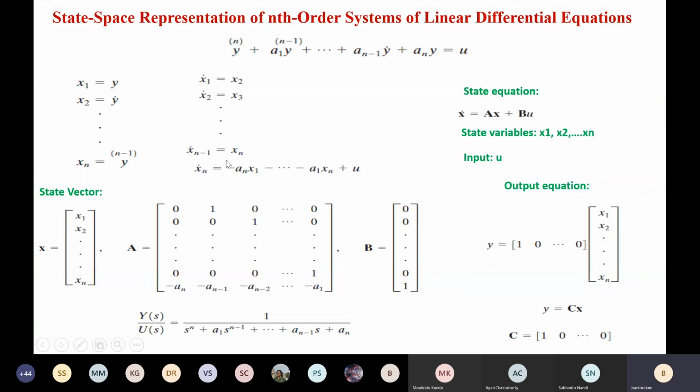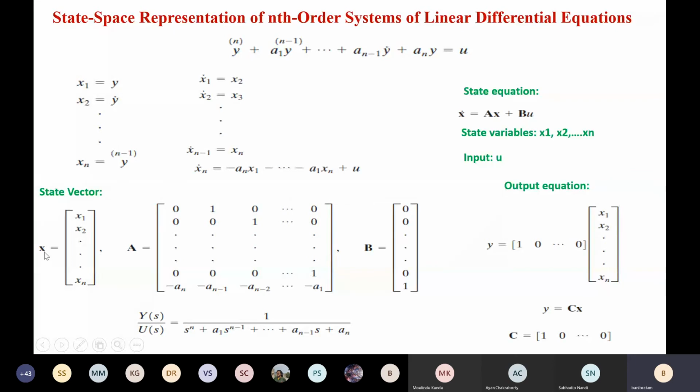Okay. Then this particular set of equations I want to write in a simpler form, because otherwise you have to write n number of equations. Instead of that, what will be the simplest representation form? You can simply write it in matrix form, right? So x1 dot, x2 dot, x3 dot, like this, you can write as x dot.